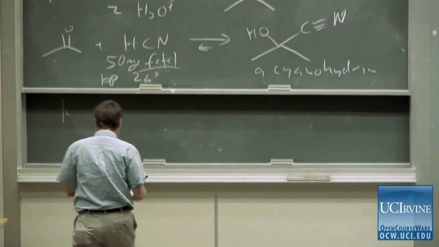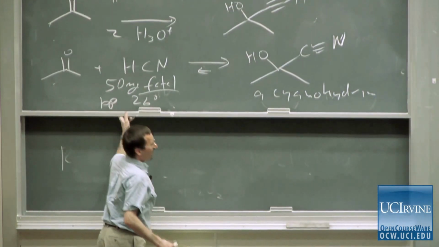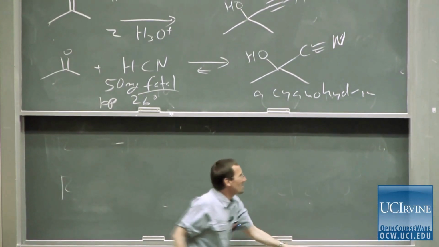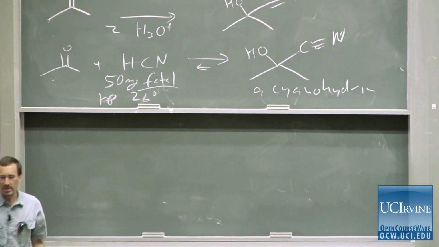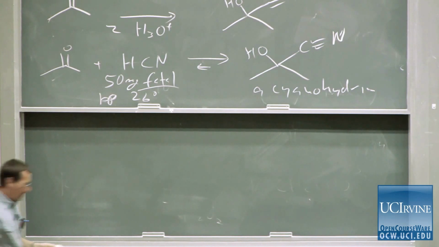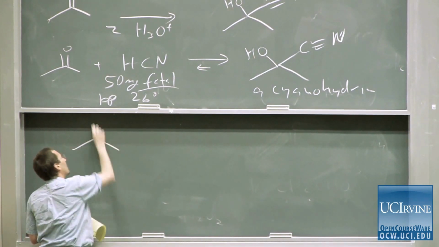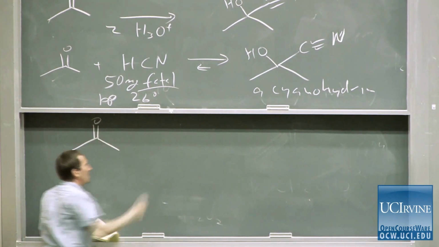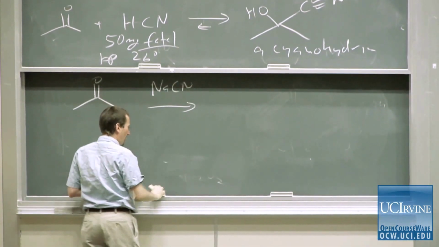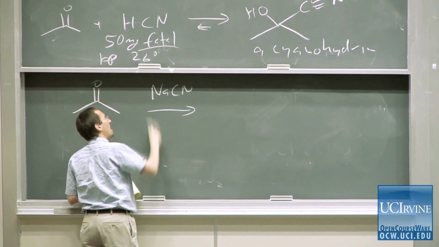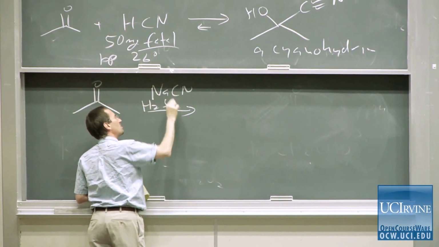So only slightly safer is to not work with hydrogen cyanide as a gas, but to work with a solid cyanide source, and an acid. If we take sodium cyanide and sulfuric acid, you generate hydrogen cyanide in situ.